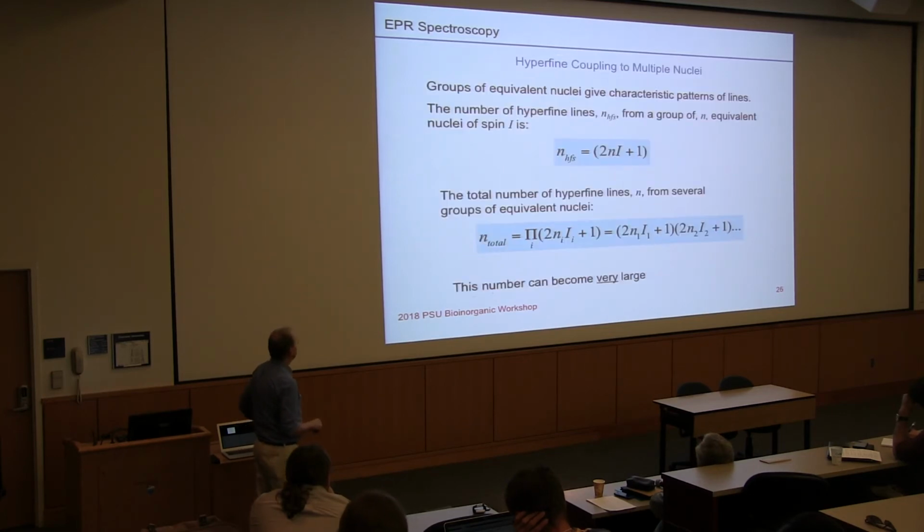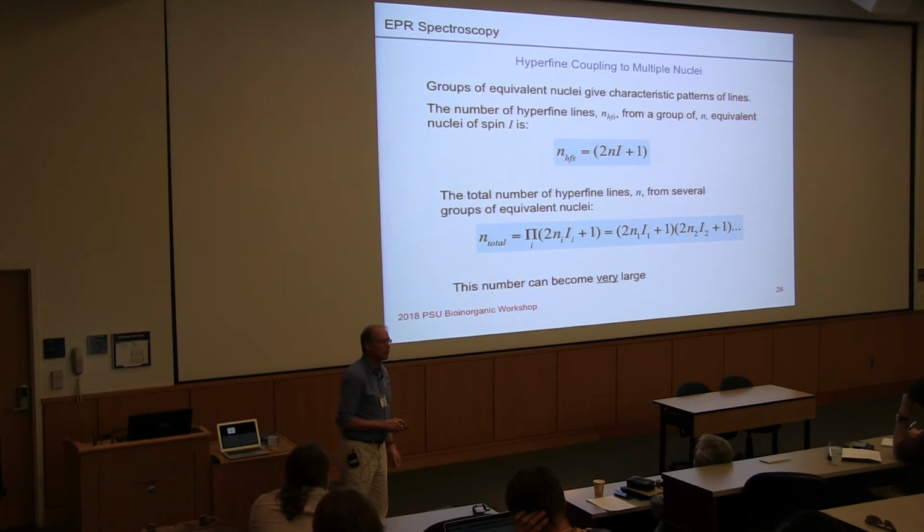Things, of course, are not that simple. For example, if I have a methyl group, I've got 3 equivalent protons, so I can have equivalent nuclei in symmetry-related positions, and the number of hyperfine lines that I see then is 2nI plus 1, where n is the number of nuclei, right?